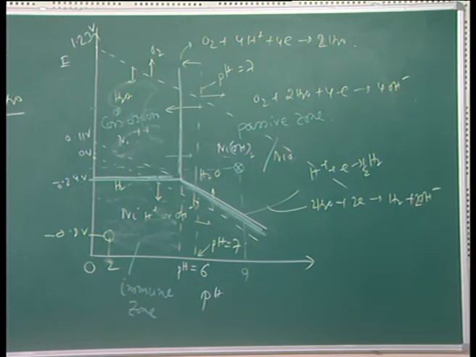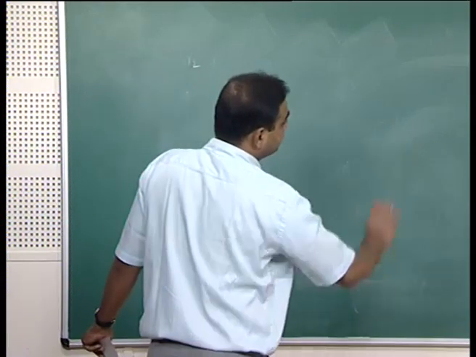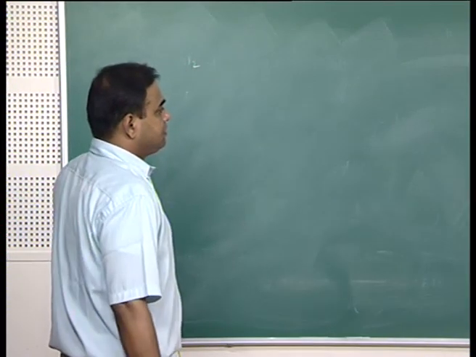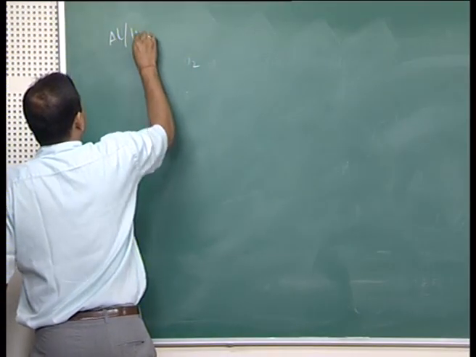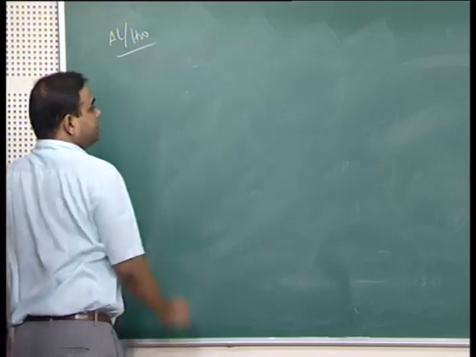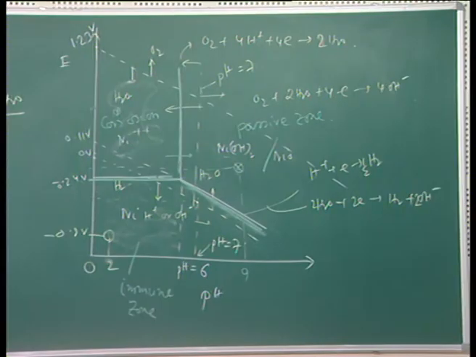For example, in case of aluminium, let me just put the equation, and then finally this should be a sort of exercise. If you do the calculation the way the calculations for Ni system is done, you would also get a Pourbaix's diagram for Al-H2O system.